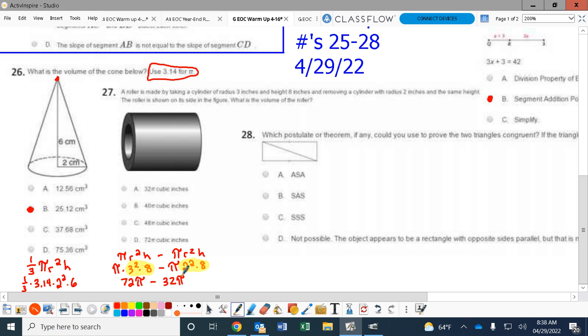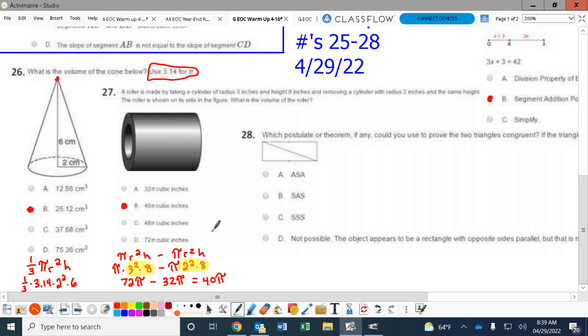And when you subtract 72 minus 32, that's going to give you 40 pi, which is going to be B. Guys, you can do these formulas. I'm telling you, we've got the second formula sheet, which is mostly the formulas. That would be a really good thing for you to take seriously, writing it several times and doing what you need to get those down.